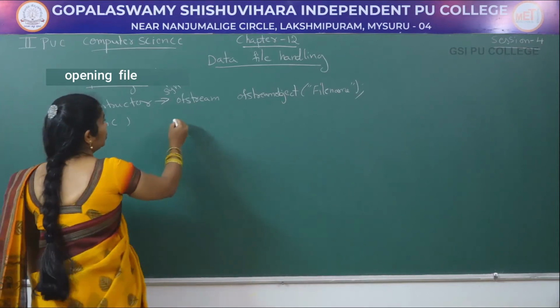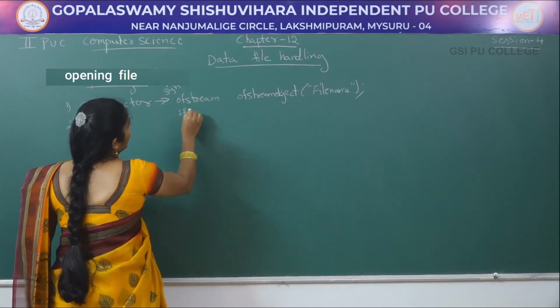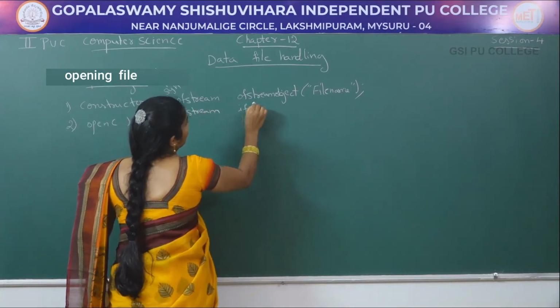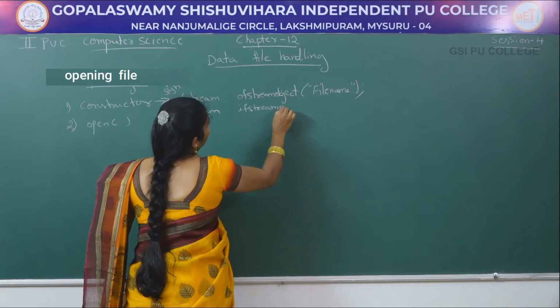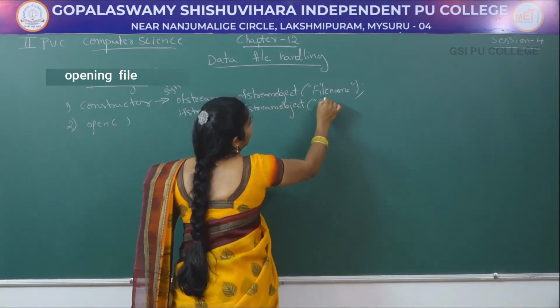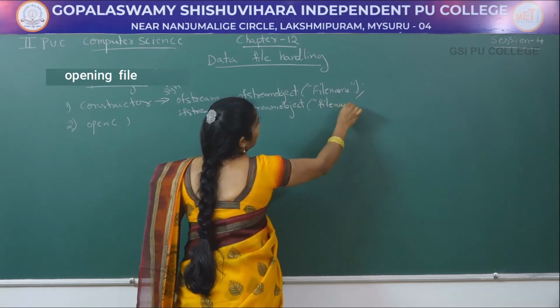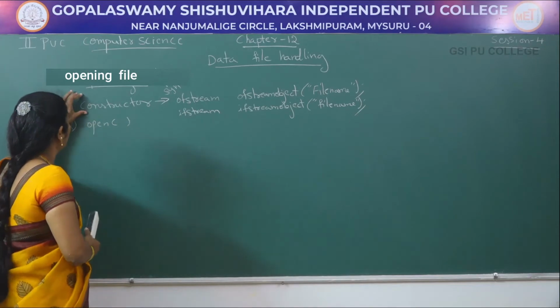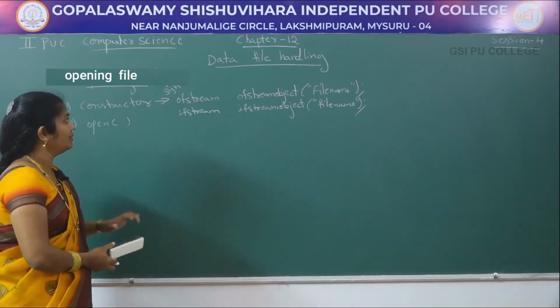Now, if I want to open a file for input purpose, IF stream, then IF stream object, then inside the double quotes you have to write the file name. This is the syntax we already explained, while opening a file by using the constructor method.